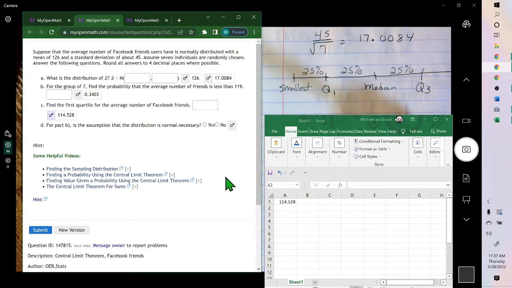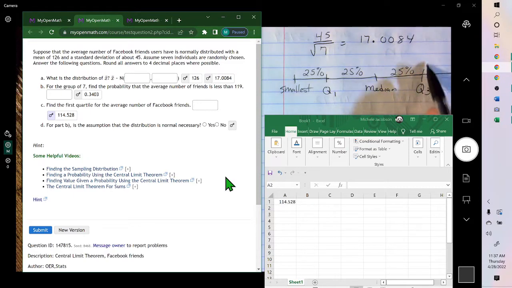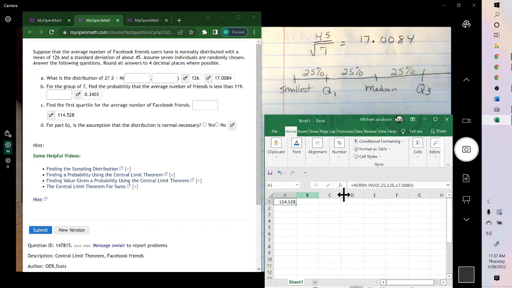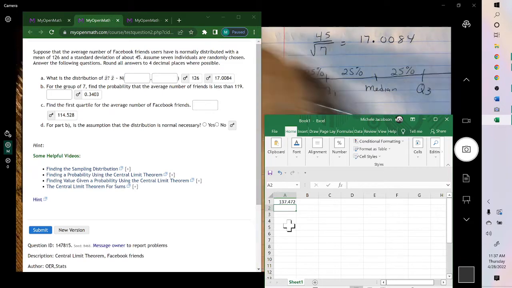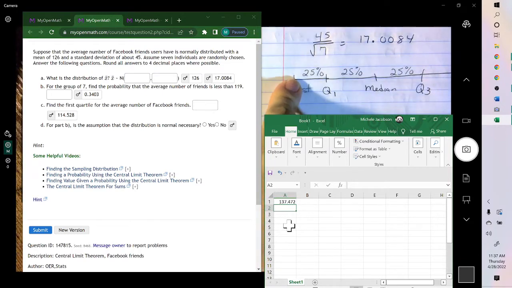If you needed the third quartile, then instead of 0.25, you would make it 0.75. That would be your third quartile. 75% of the data would be below it.